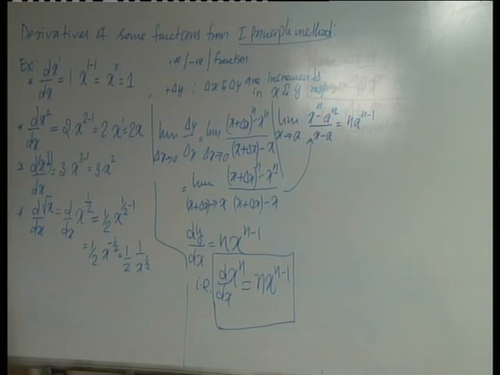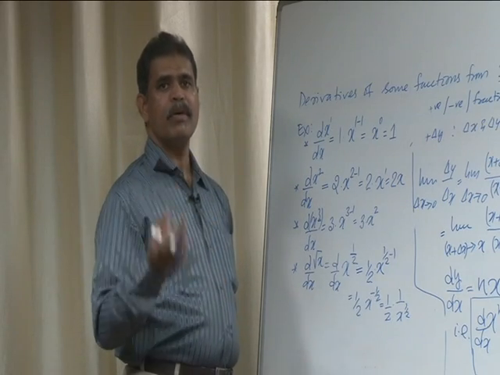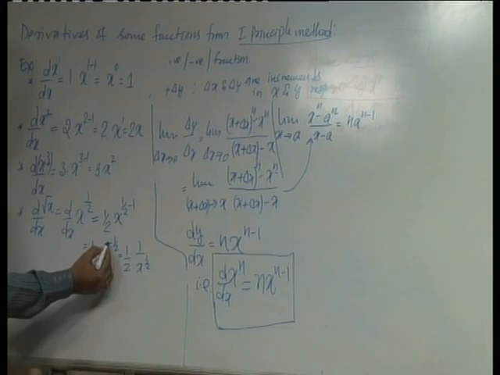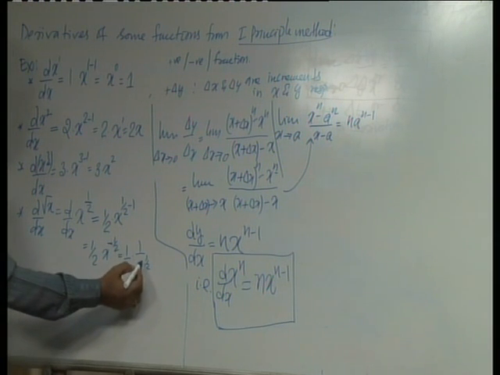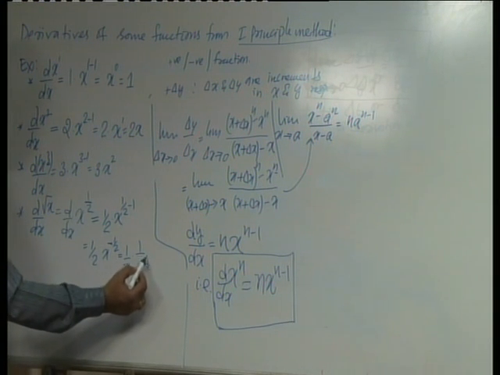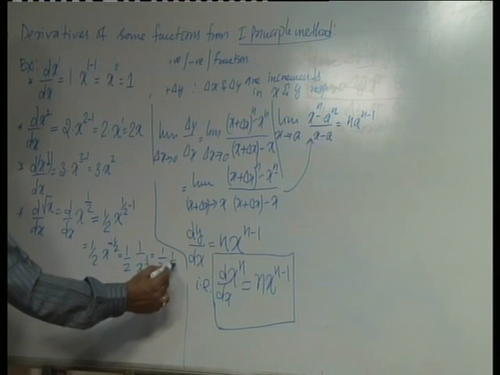When we transfer a term from numerator to denominator or denominator to numerator, the sign of its power changes. You see, we have a negative power. When it is transferred to the denominator, what does the power become? Plus. Again, you can consider it in reverse: as root x is taken as x to the power of half, then x to the power of half is taken as root x.